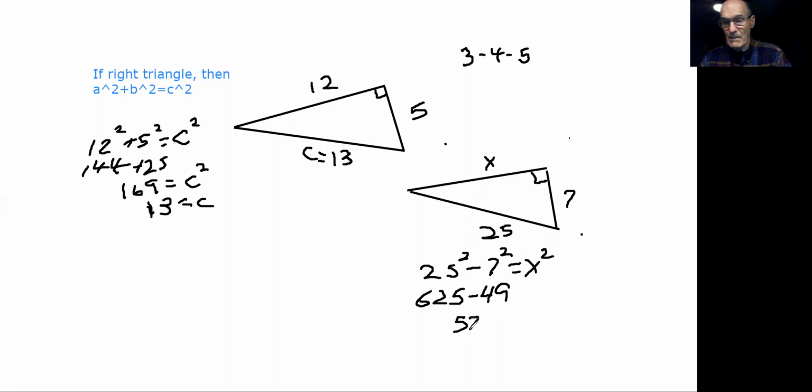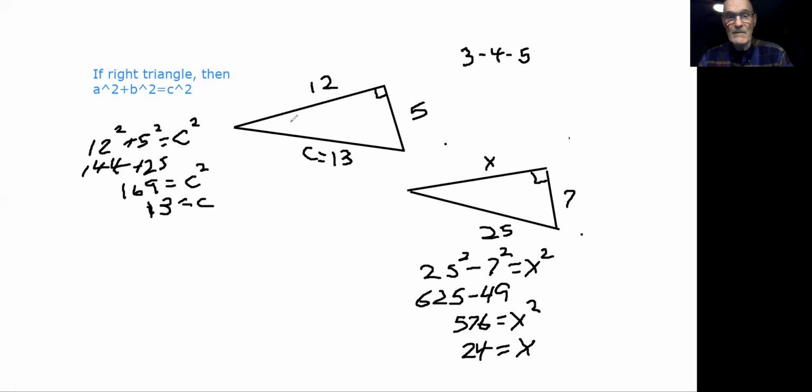And if you check on your calculator, you'll find that the square root of 576 is 24. So you have x equals 24. Now that makes sense once again because the x needs to be less than the hypotenuse, because the hypotenuse is the biggest side in a given triangle.